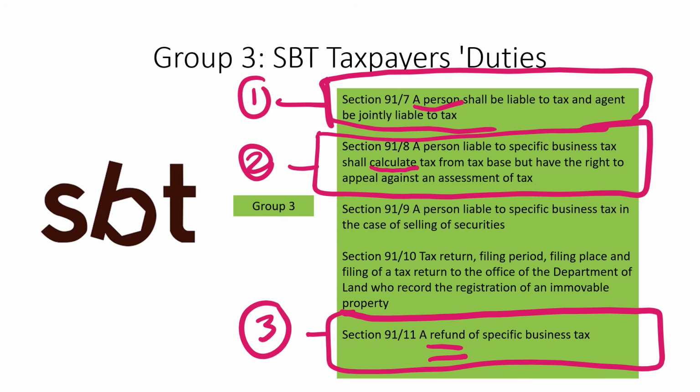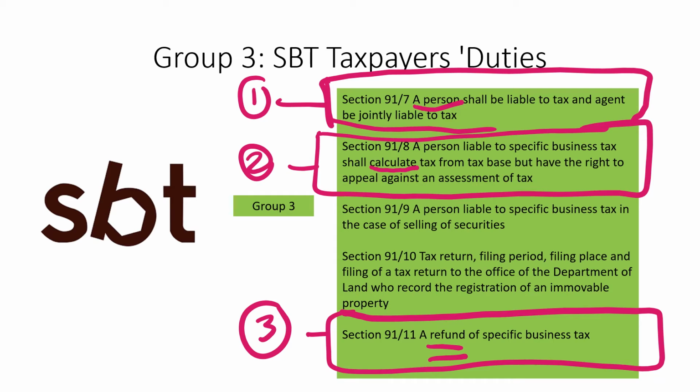After we understand the duty of the taxpayer to register for specific business tax with the Revenue Department, now let's have a look at the taxpayer duty. So under Group 3, there are 5 main provisions, but the 3 main provisions including section 91/7, it is about a person that shall be liable to SBT or jointly liable to SBT.